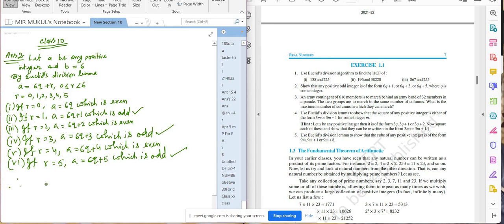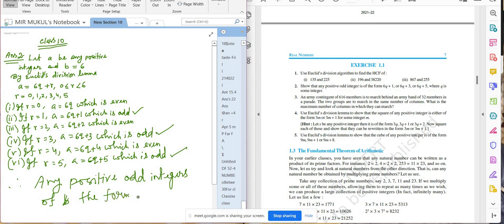Therefore we can write any positive odd integer of the form 6q plus 1 or 6q plus 3 or 6q plus 5. So, understood? Yes, sir.